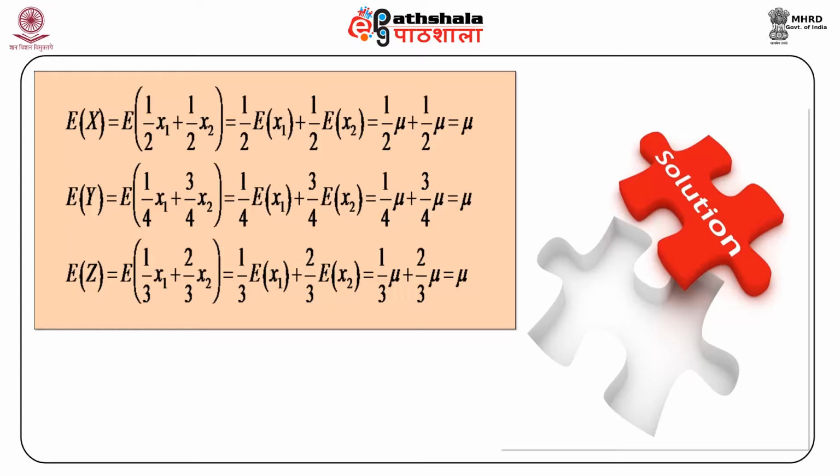Similarly, you can see that expected value of z is equal to expected value of 1 by 3 x1 plus 2 by 3 x2 and is equal to 1 by 3 into expected value of x1 plus 2 by 3 into expected value of x2 and is equal to 1 by 3 mu plus 2 by 3 mu and hence is equal to mu.